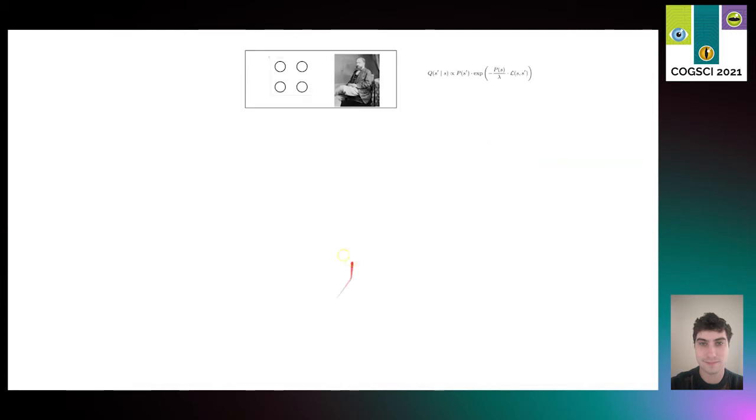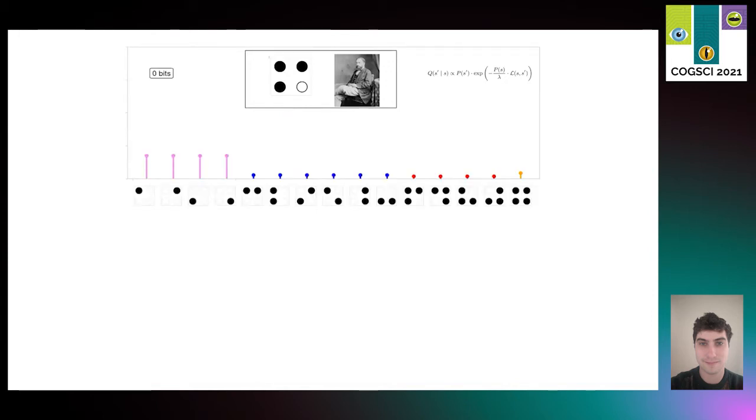Just for the sake of clarity, we're going to assume that there are only 4 possible locations in the world. We see some scene S, and we can look at what the model says about how beliefs should change as a function of the information capacity bound. So we start off representing scenes as the prior when we have no bits of information.